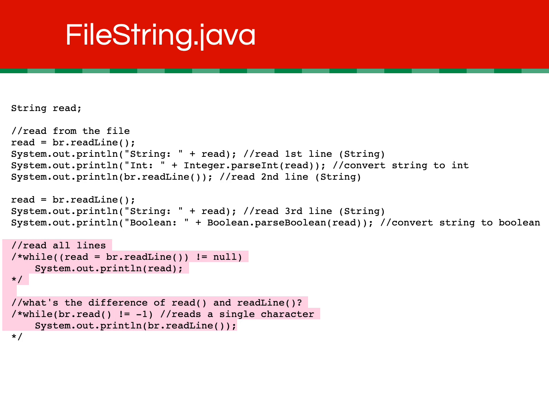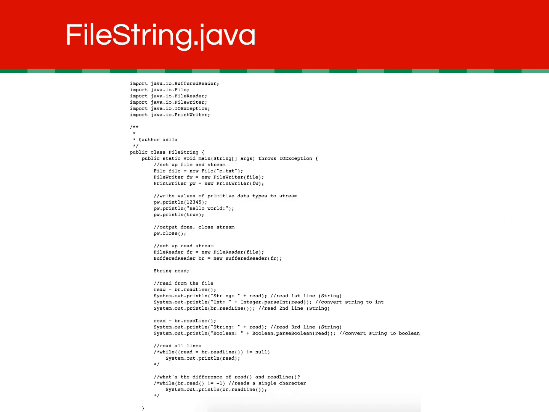Another way of doing it is by writing while br.read not equal to -1, which reads a single character. Try and run this code and see if there are any differences between these two while loops. Run the complete code and see if you can understand line by line.